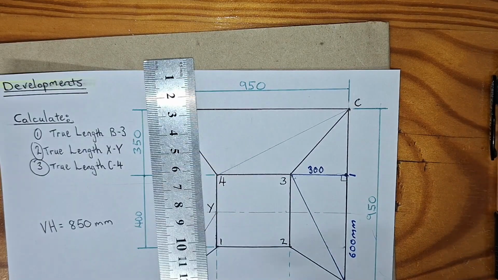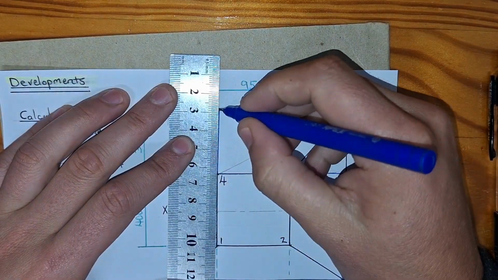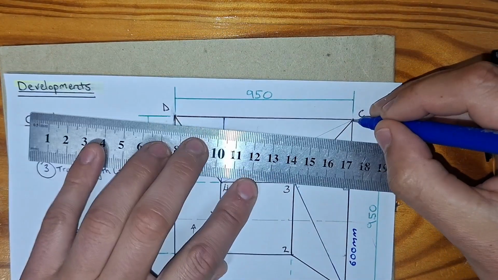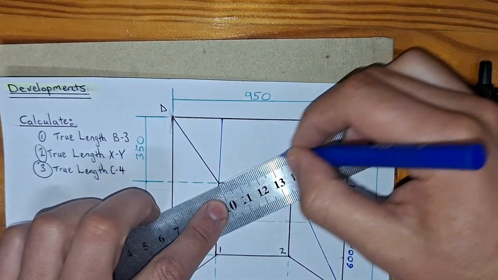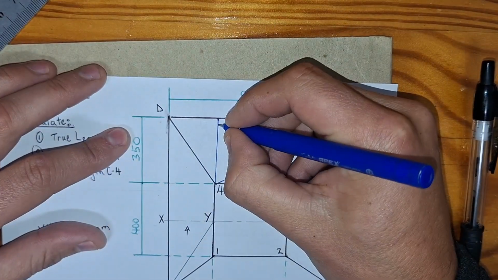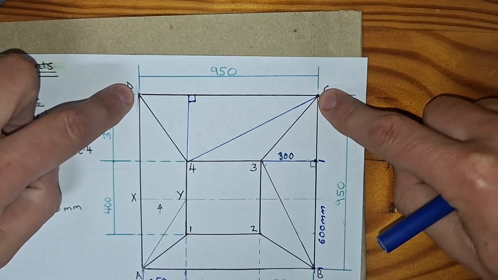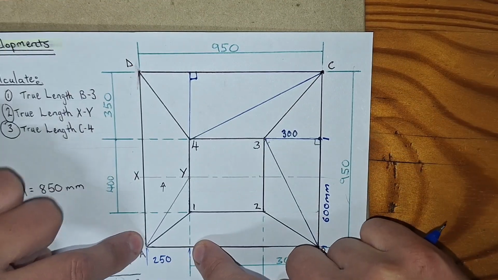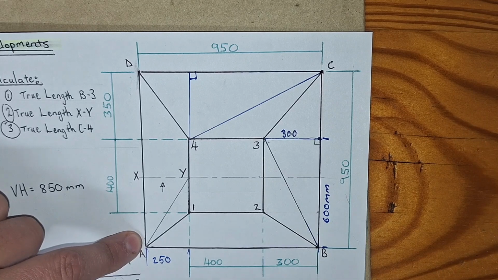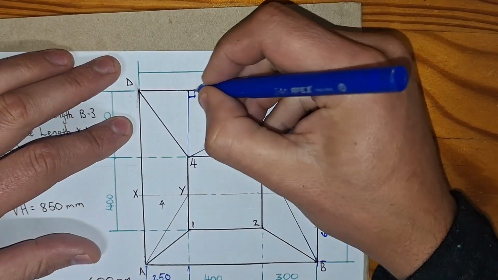We will create for ourselves a 90-degree triangle looking at it from the top. So this is a square triangle where the given width of the big triangle, 950 minus 250, will give us a distance of 700.